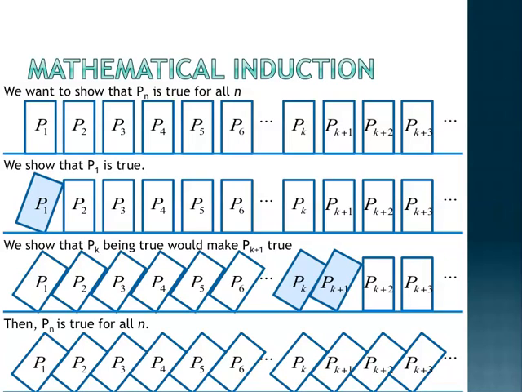Well, if P2 is true, and we know that P sub k implies P sub k plus 1, then P3 must also be true, and so on and so on. So that's how those two steps will actually help you prove that it's true for all values of n.